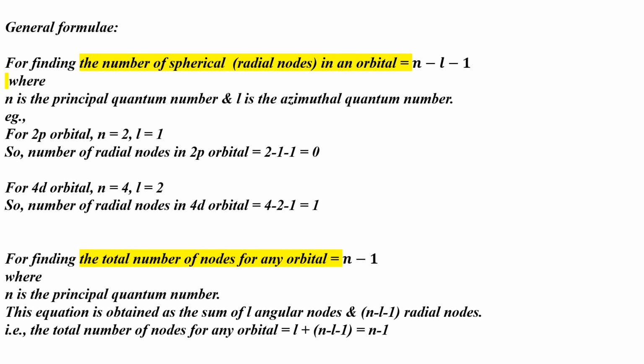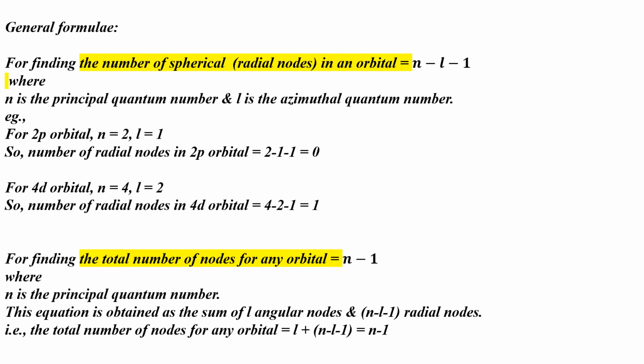For the 2p orbital, from the notation itself, it is clear that the value of n here is equal to 2. And since this is a p orbital, the value of L corresponding to a p orbital is equal to 1. So the number of radial nodes in the 2p orbital is obtained by substituting the values of n and L in the formula n minus L minus 1. So you get 2 minus 1 minus 1, which is equal to 0.